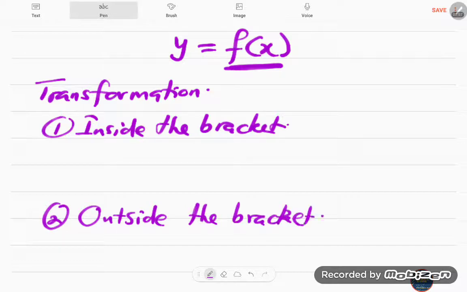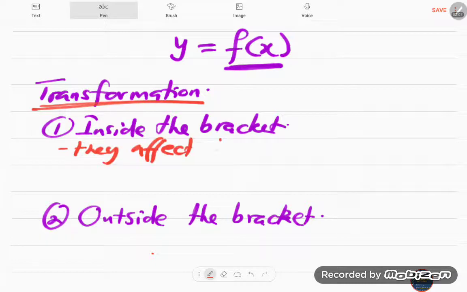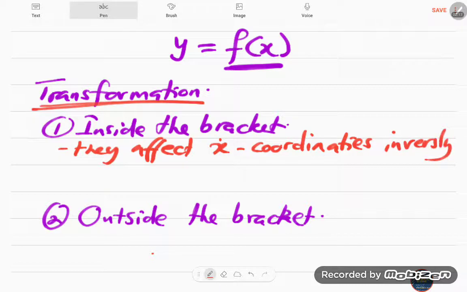So what do we know about transformations that occur inside the bracket? They affect the x coordinates. And how do they do this? Inversely. That means in an opposite manner. We're going to be seeing that shortly, what we mean by in an opposite manner.